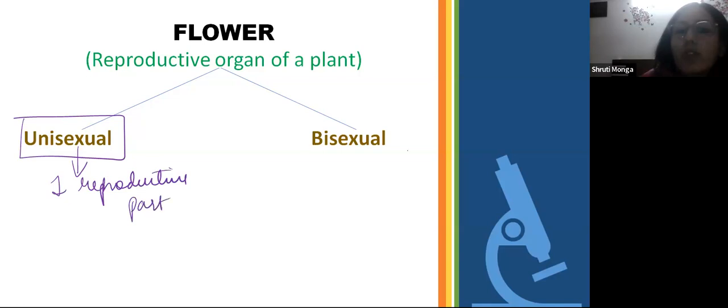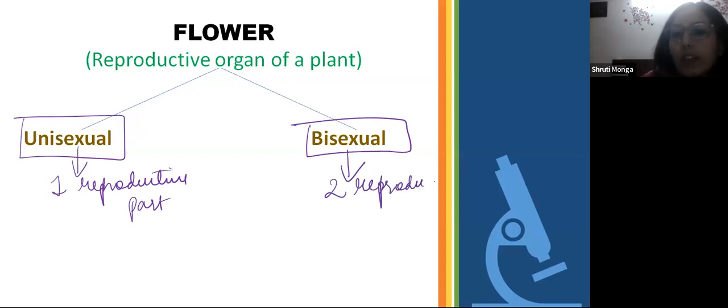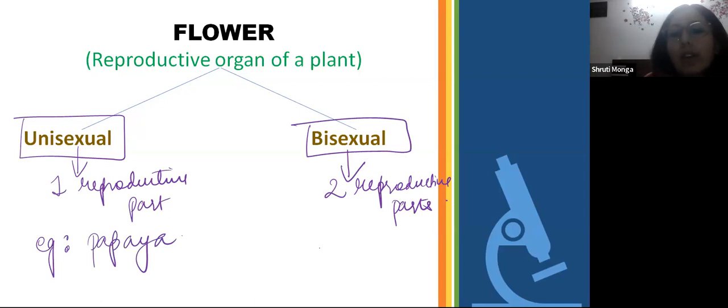And bisexual flowers are those flowers which have two reproductive organs in the same flower. You can write the examples also. Unisexual example, papaya. Bisexual, you can write the example as hibiscus, and there are many more.